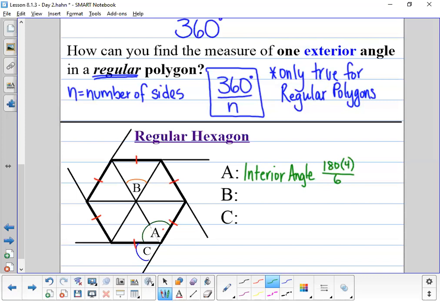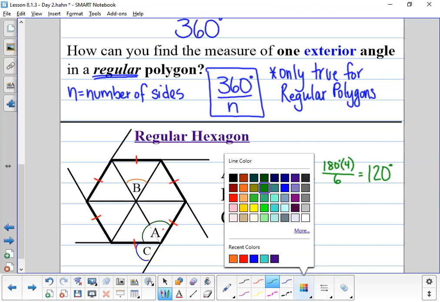This is what we learned yesterday, where you could split your shape up into triangles. There are always 2 fewer triangles than the number of sides. So 180 times 4 is 720, so all of the interior angles add up to 720. Since it's regular, all of the interior angles are congruent, so I can divide by 6, and that will tell me what exactly one angle equals. That is how I would do it for an interior angle.